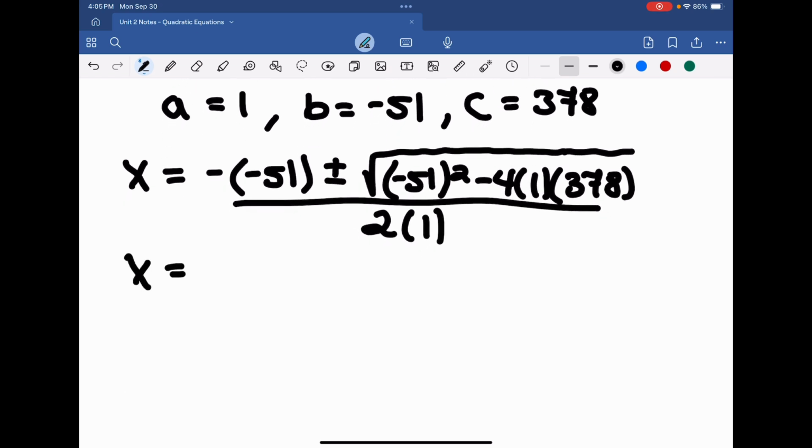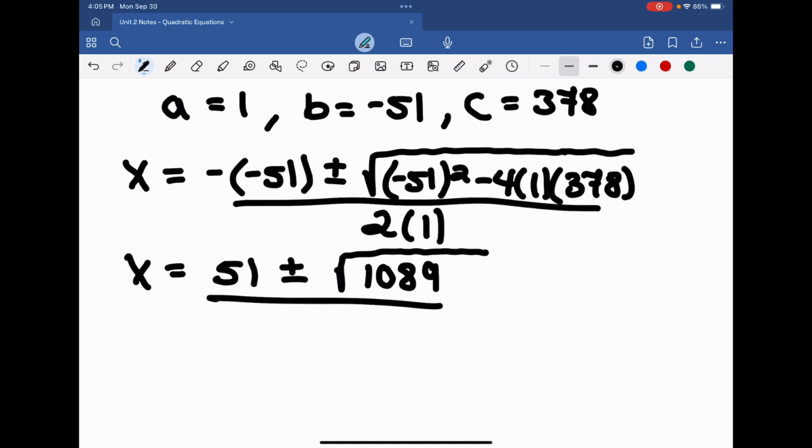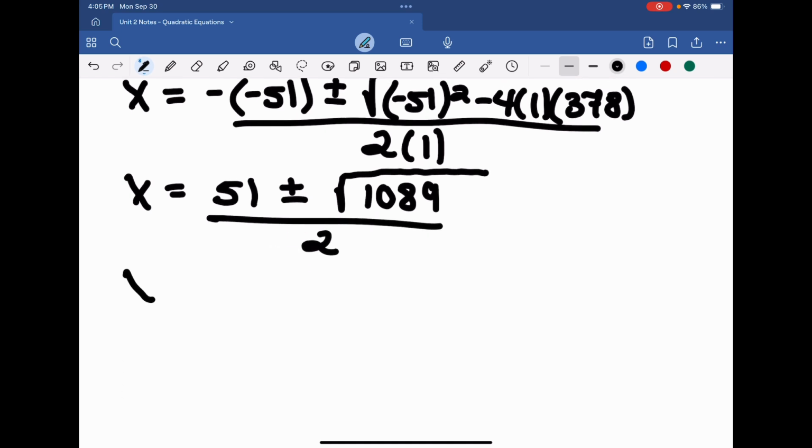Now we're going to write negative negative 51 as positive 51, plus or minus the square root of, when we plug these into our calculator, 51 squared minus 4 times 378, it actually gives us 1089, all divided by the 2. Now we're going to simplify this, and we get 51 plus or minus the square root of 1089, which in your calculator is actually equal to 33, all over 2.